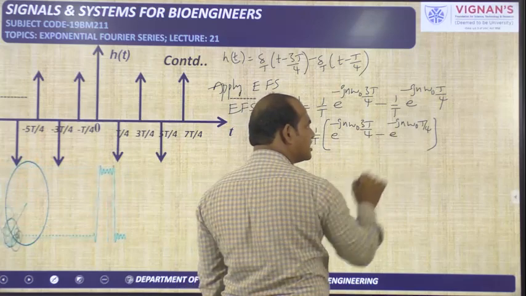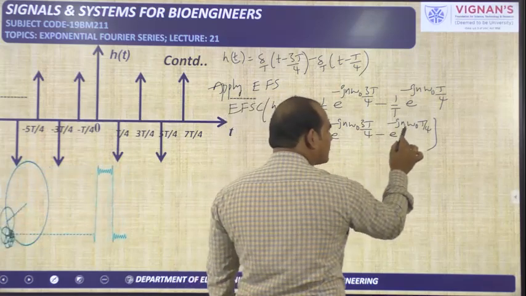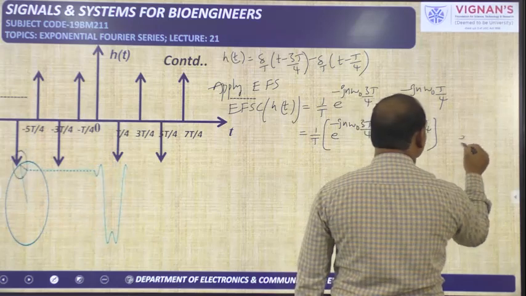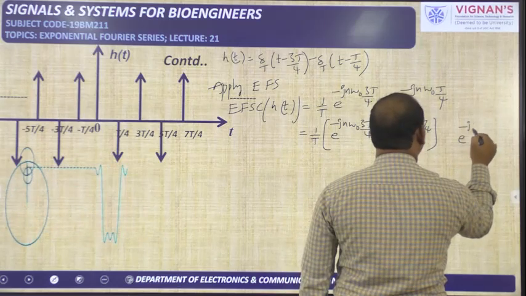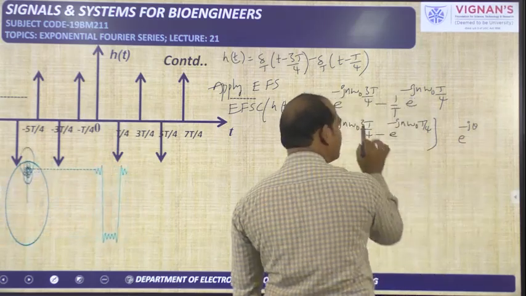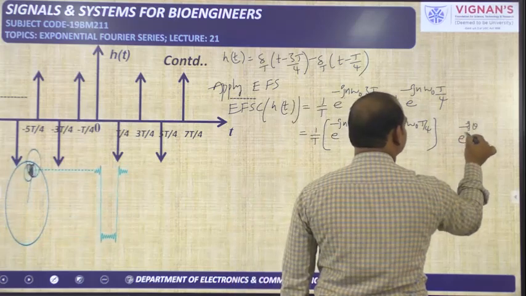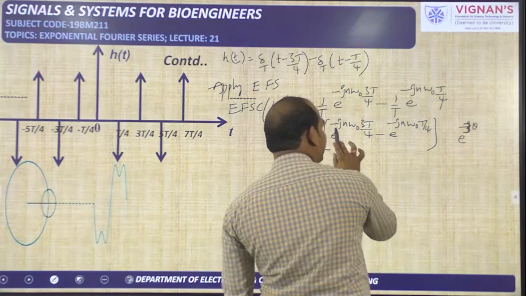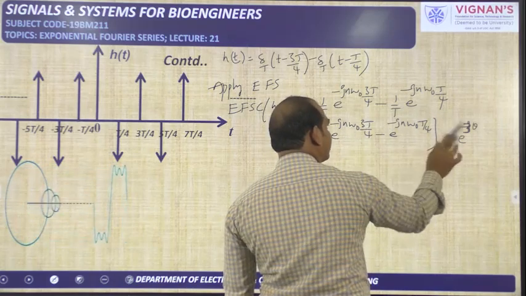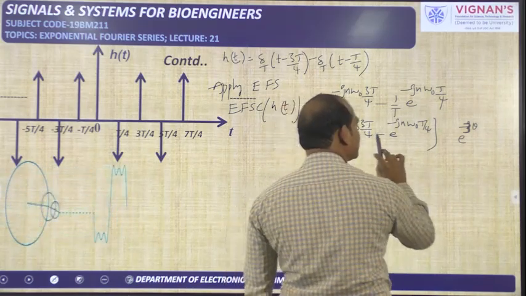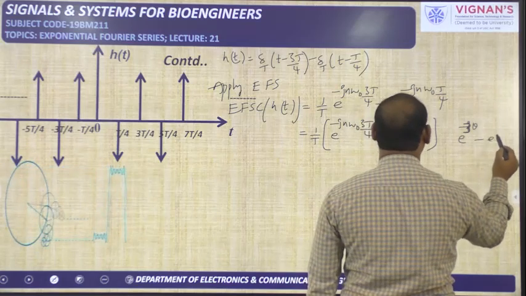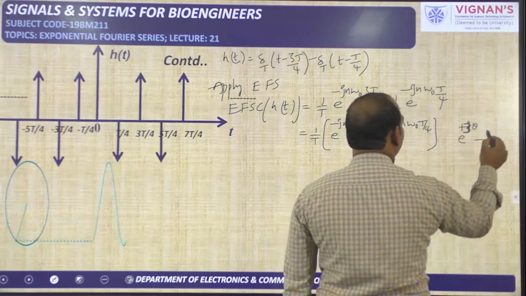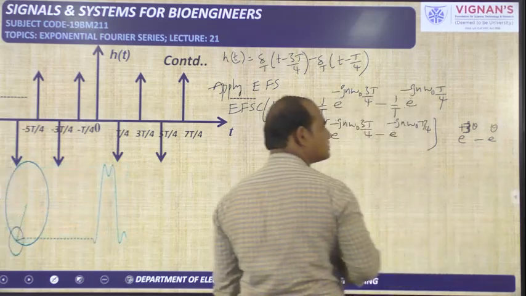It is 3T by 4 here, and T by 4 here. So jn omega naught into T by 4, simply consider it as theta. So e power minus j theta, that this one I have written, will become e power minus 3 theta, minus e power, and minus also I will consider like this, so e power minus theta, like this we will get.